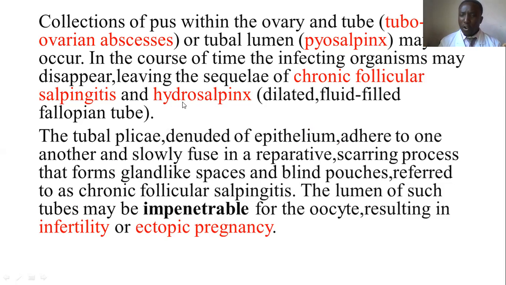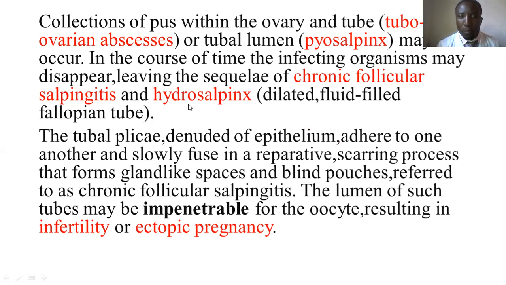Do you expect an egg to be released and fertilized? Do you expect male spermatozoa to pass through that fluid and eventually reach the egg and fertilize it to form a zygote and subsequently a child? No. So you can see now where we're heading. Infertility in females. This is where we're heading.